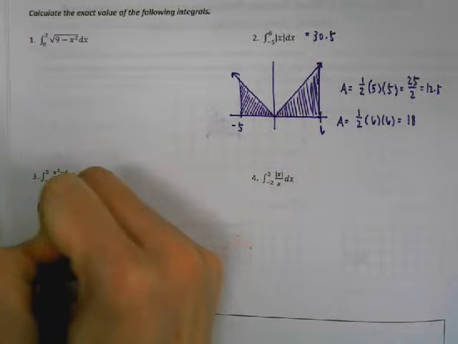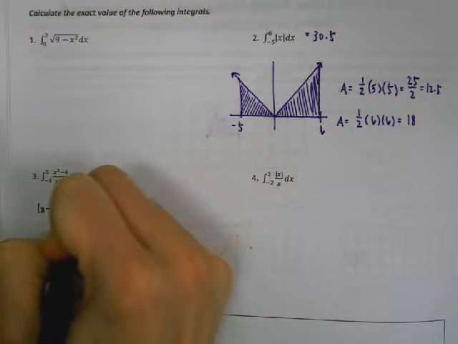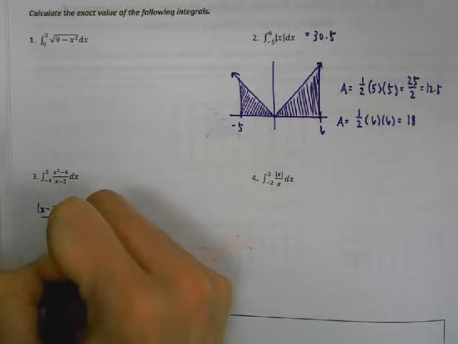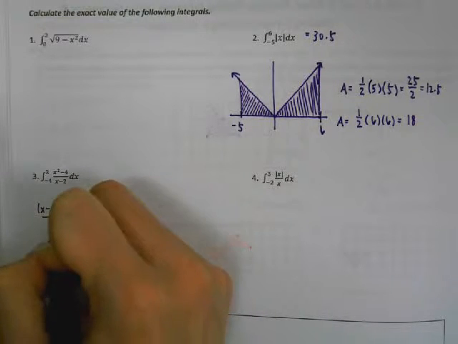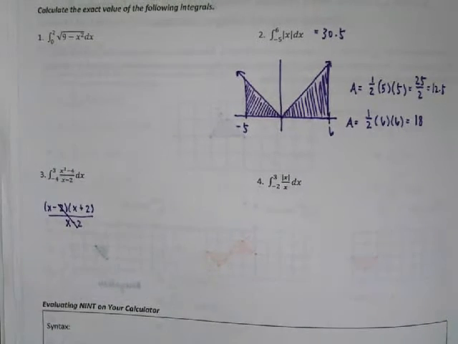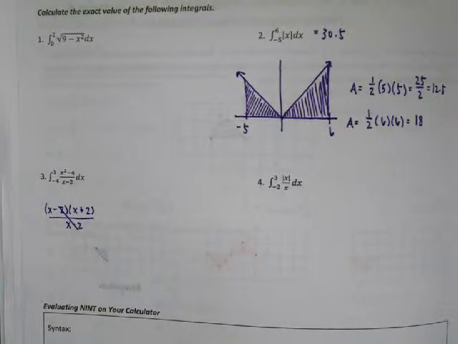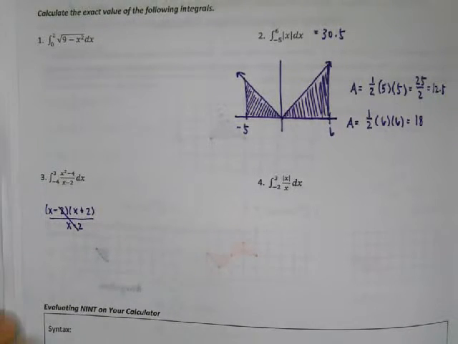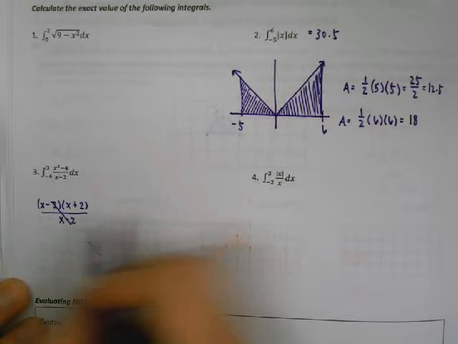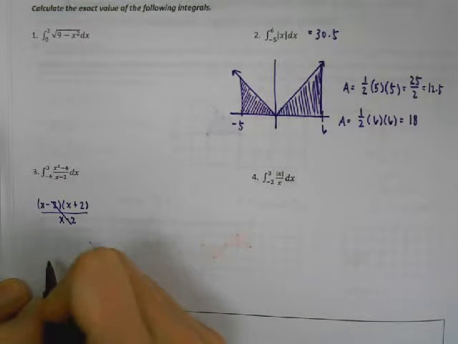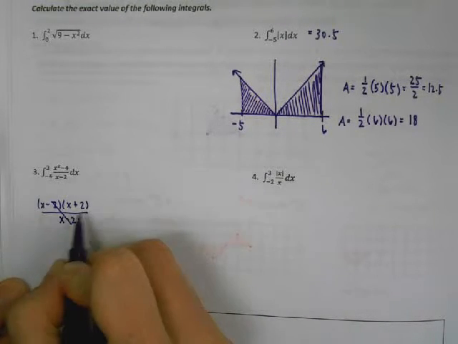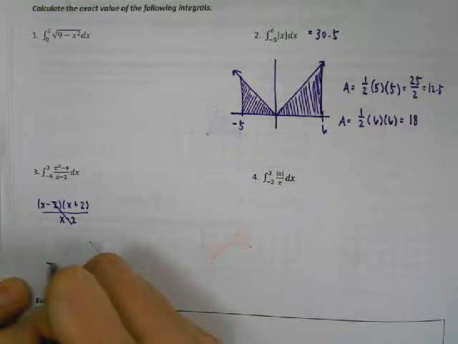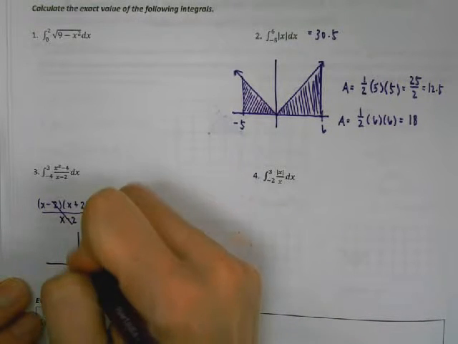X squared minus 4 I know is x minus 2 times x plus 2, that's over x minus 2. So what I notice is I have a removable discontinuity, or a hole, at x equals 2. But for our purposes in terms of graphing this to find the area, we know this is just the function x plus 2. So I'm going to go ahead and graph that.